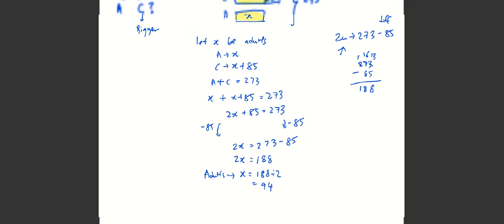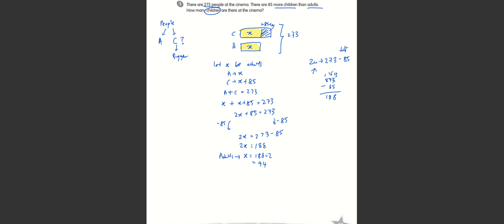And then you have to find the last step. The last step is children. So how many children are there at the cinema? There will be x plus 85. So it will be 94 plus 85. So you get your answer, 179. Please check if you got that correct. If I had done that correctly.